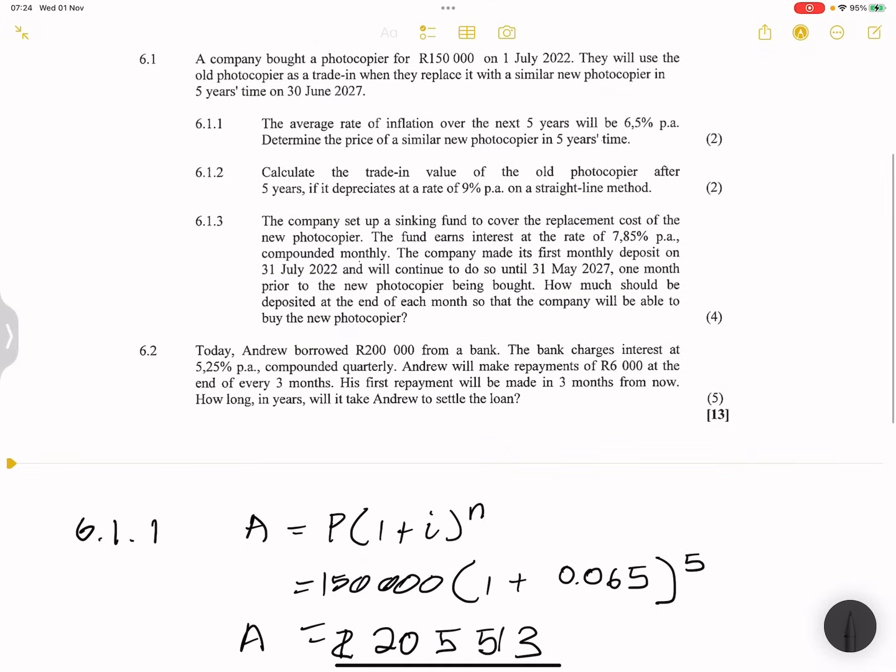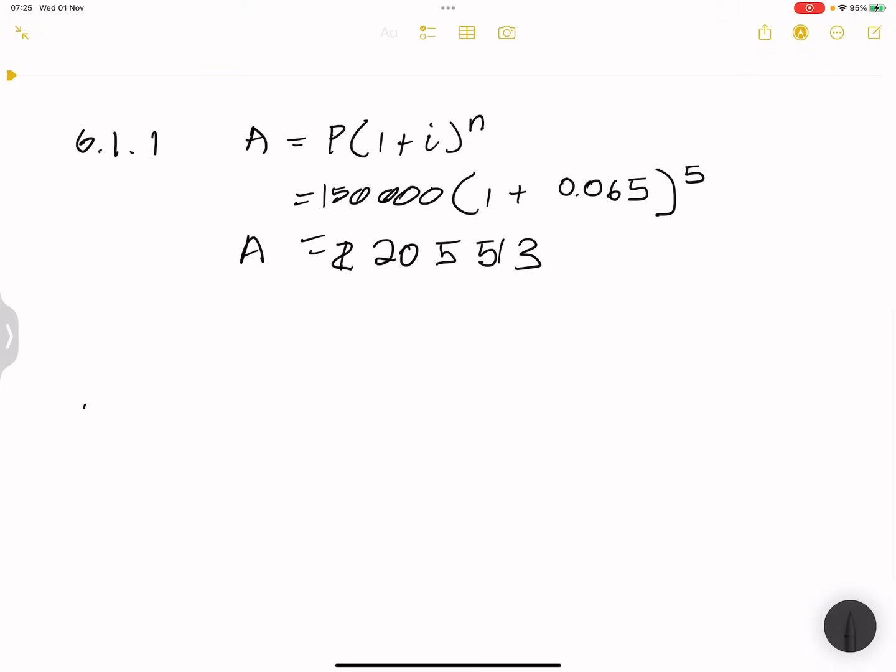Now the second question that they ask us: calculate the trade-in value for the old photocopier after 5 years if it depreciates at a rate of 9% on a straight line method. Now please remember the straight line method of depreciation looks like when you are taking hire purchase, but in this case with a negative sign.